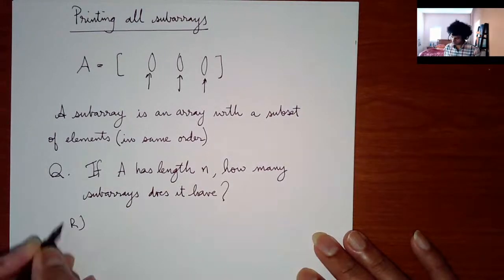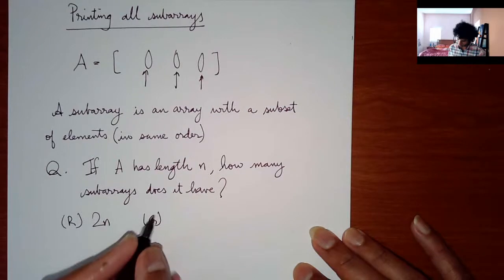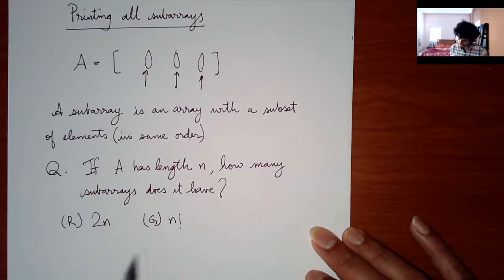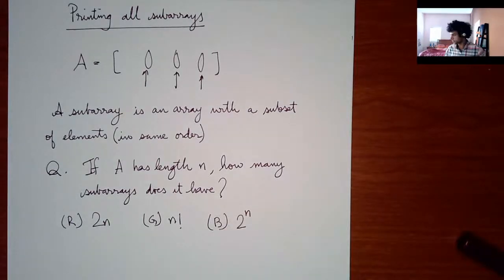Going to your discrete math knowledge, the red choice is 2 times n, the green choice is n factorial, the blue choice is 2 to the n, and I'm going to start this poll right now. How many subarrays does it have?